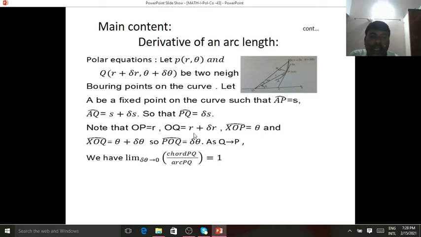So the angle POQ is delta theta. As Q tends to P, we have the limit of chord PQ divided by arc PQ, as delta theta tends to 0, is equal to 1.